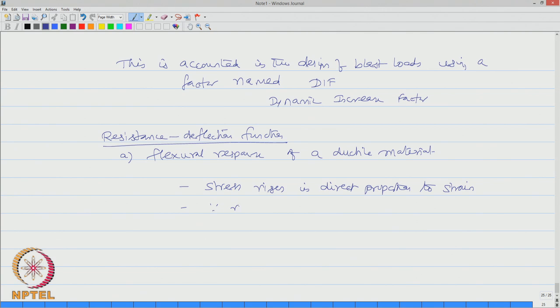Since resistance is also a function of stress, it also rises in proportion to strain.